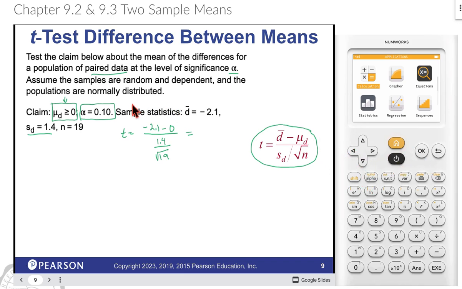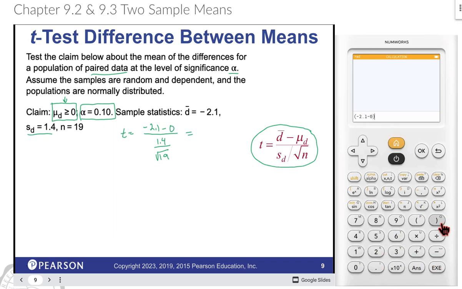And incidentally, this will be the type of question I'll have you work. We'll do some more like this to prepare us for the exam, but this could easily be the type of question on an exam, just like this. Okay. What we need to do is calculate this, so we'll go into our regular calculator, put a parentheses, negative 2.1 minus 0.